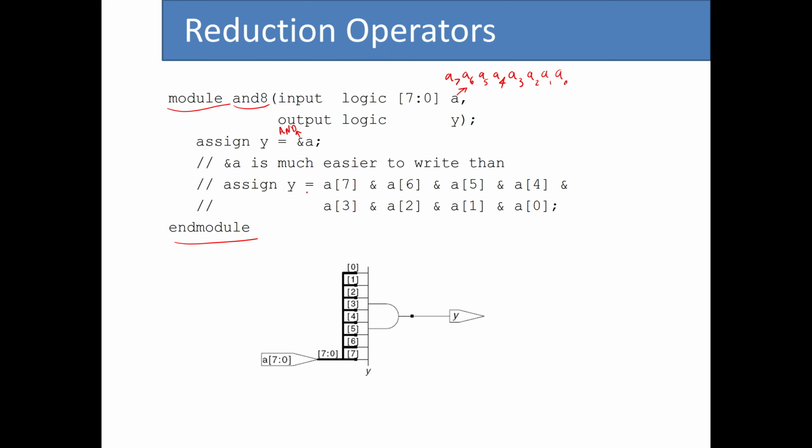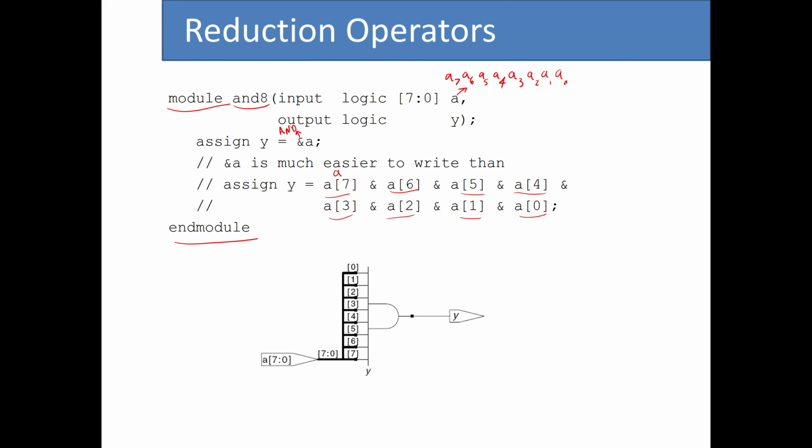So this is an alternative way of writing this operation instead of ANDing all the bits individually in this format, because we can do that too. We can say assign y equals A in square bracket 7.